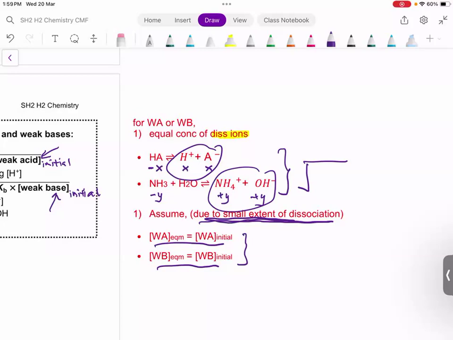We always assume, in this calculation, there's also this assumption right here. For weak acid or weak base, this is the assumption we make to simplify the calculation.